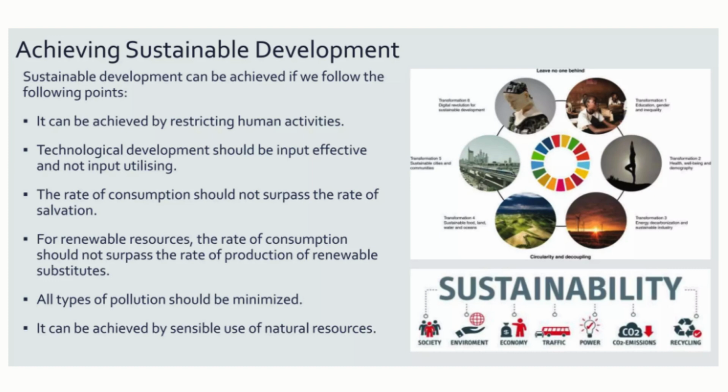For renewable resources, the rate of consumption should not surpass the rate of production of renewable substitutes. All types of pollution should be minimized, if not stopped. It can be achieved by sensible use of natural resources. So, as you can see in this diagram, we have the word sustainability, which is our goal.